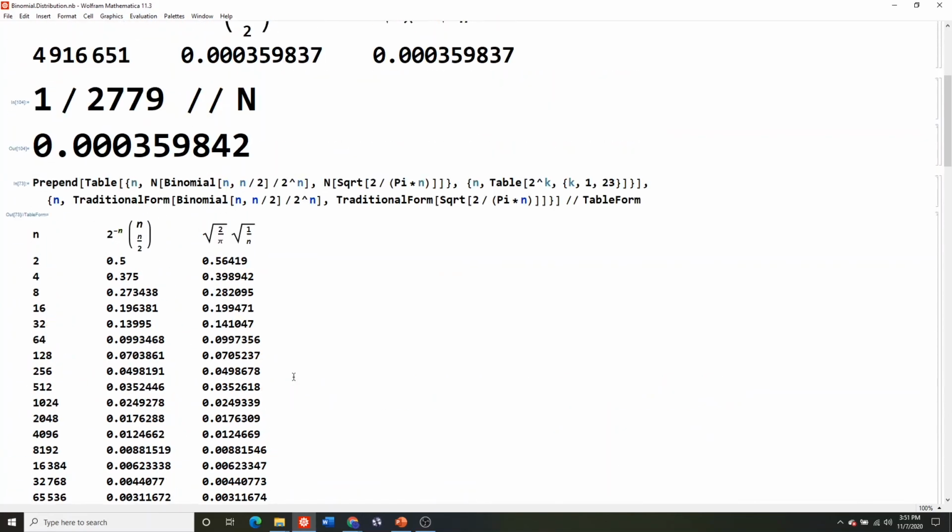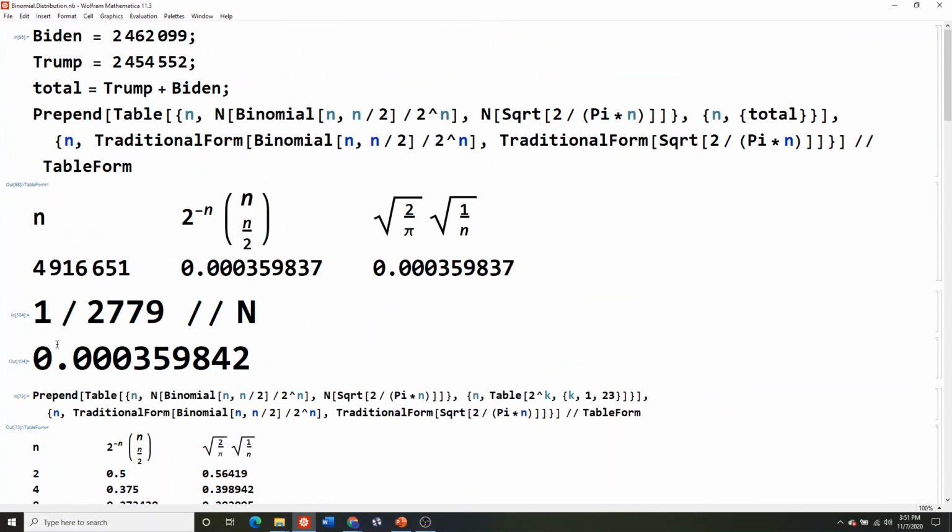So all that, long story short, the probability of a tie in Georgia is 1 over 2,779. So in the quantum mechanics many worlds theory, in one of those worlds there will be an exact tie in Georgia. Why not yours?